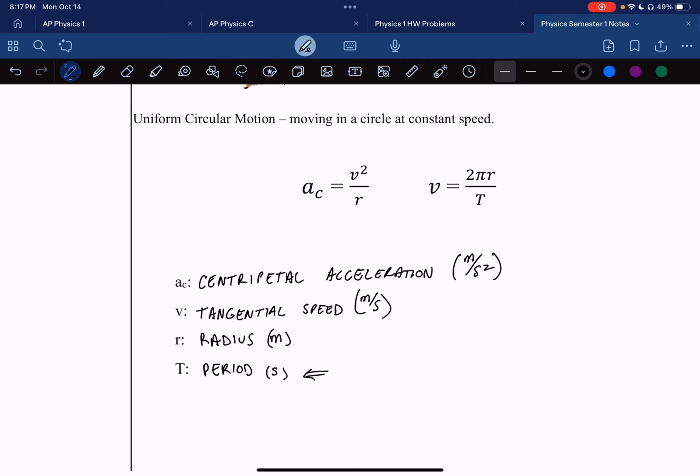And we should clarify this. This is the amount of time it takes the object, supposed to be a bee, to complete one revolution.